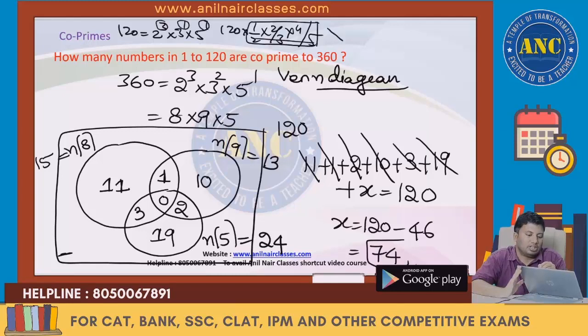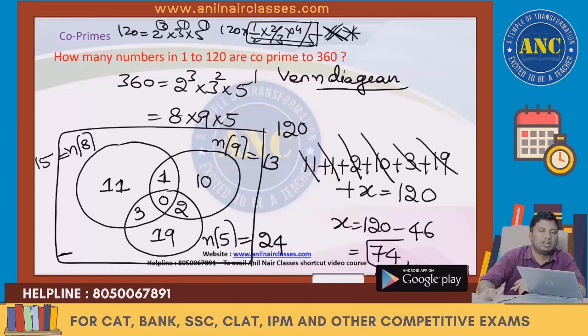So wantedly I did method 1 to tell you that method 1 is incorrect, because you are only doing it for 2, 3 and 5. But the question is 2 cube into 3 square into 5 power 1. This method is incorrect. Don't do it. Write only for 2, 3 and 5. I hope it is clear.